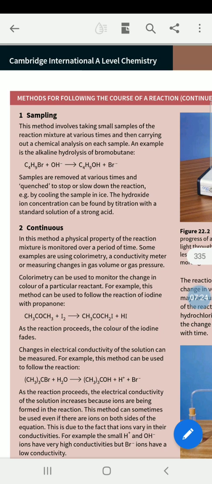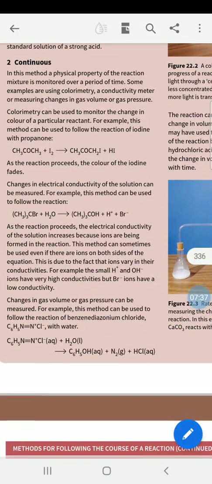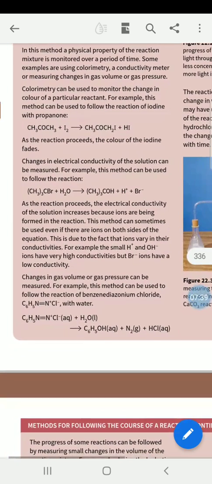However, if molecules react together to produce ions, then the conductivity will increase.